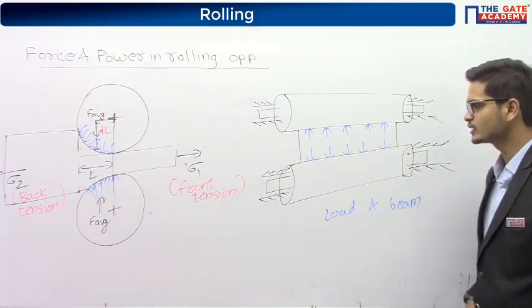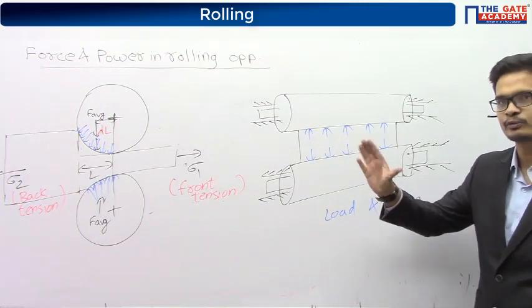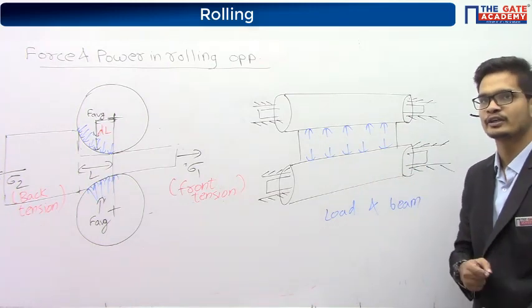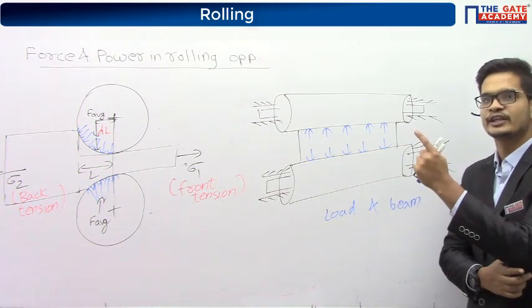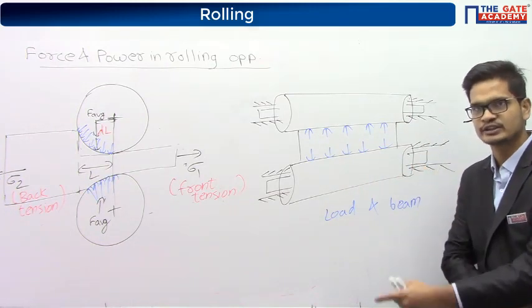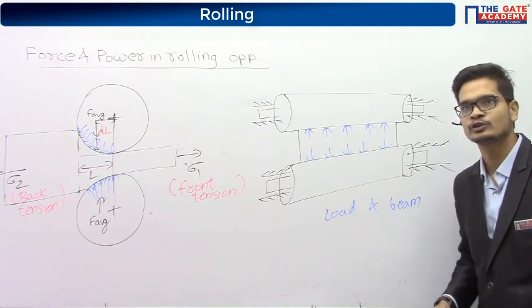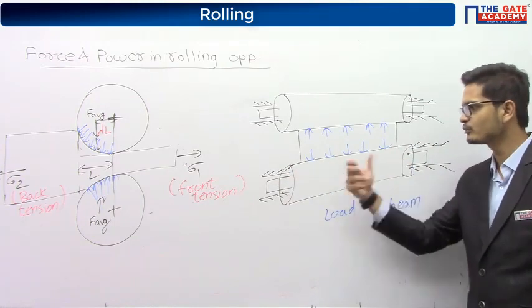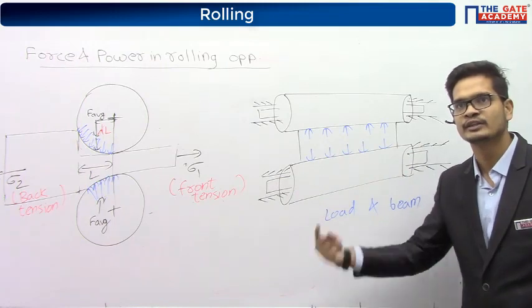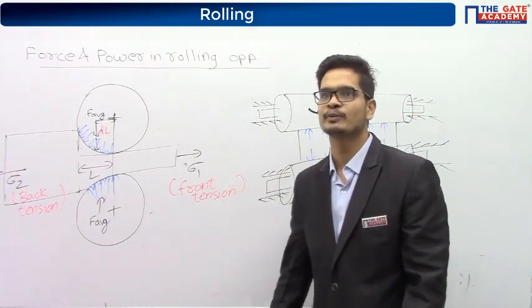How are they fixed? Fixed beams are not able to move. Remember, there were some beams that are hinged at both ends. So this is also hinged at both ends. That's why it is able to rotate. Right? So it is a simply supported beam.